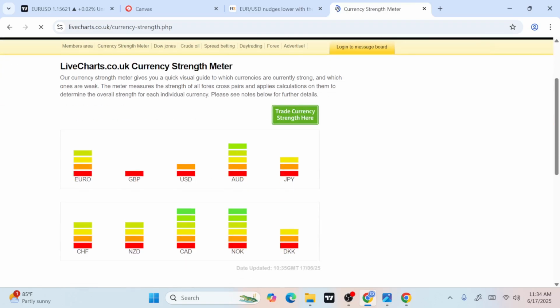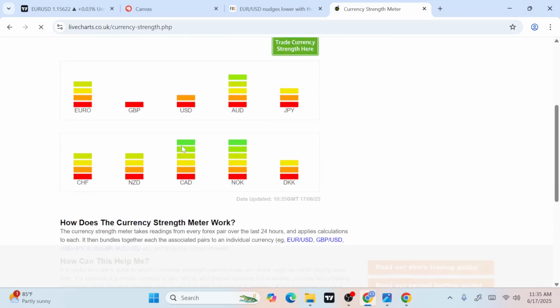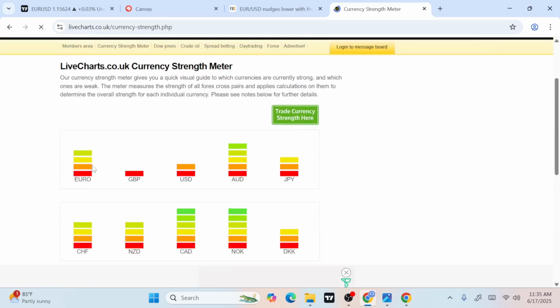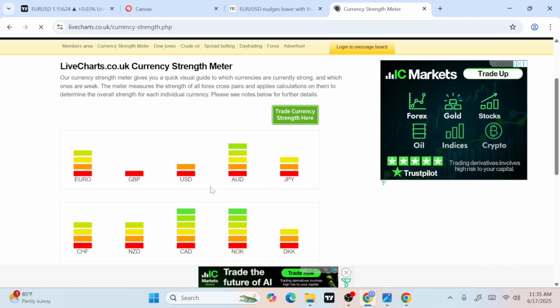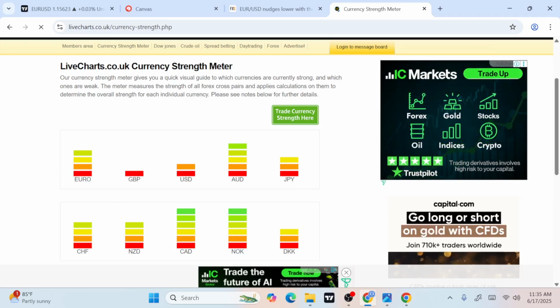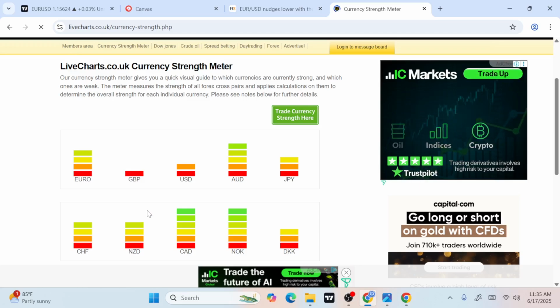So I come here now, I check my currency strength. Understand? Euro is a bit strong. GBP is very, very weak. USD is weak. So all these bars indicate the strength of a market at a particular time.